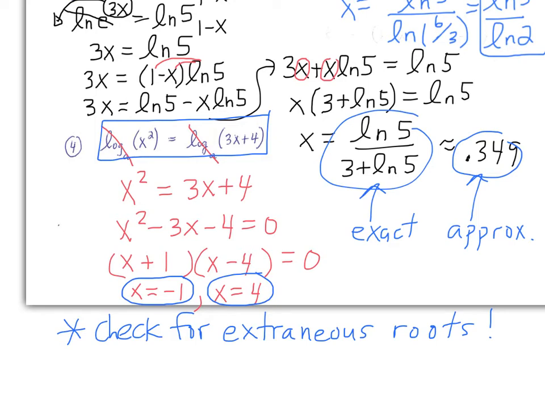So if I plug in -1, over on this side I would have -1 squared. That's okay, that's a positive number. And over here, 3 times -1 plus 4, that's a positive number, so we're okay there. So we're going to accept this answer. Now the 4, same thing, plug in 4 where you see an x. We're not going to get the log of 0 or the log of a negative, so we're going to accept that answer as well. Okay, on to the back.